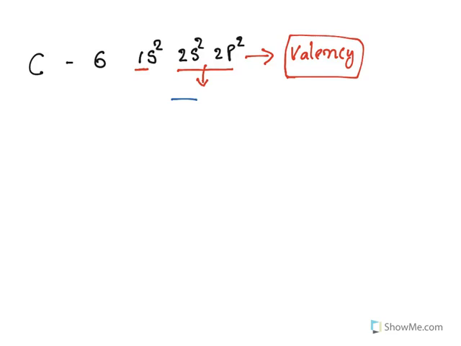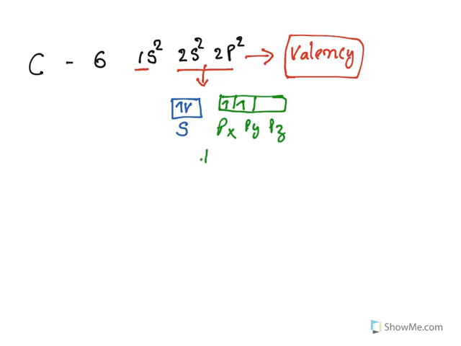Now when you see the orbital pictures, at the second orbit you have 2 s electrons. In case of p orbitals, you have 3 p orbitals but only 2 electrons, so totally 4 electrons. These are px, py and pz. This is the ground state.